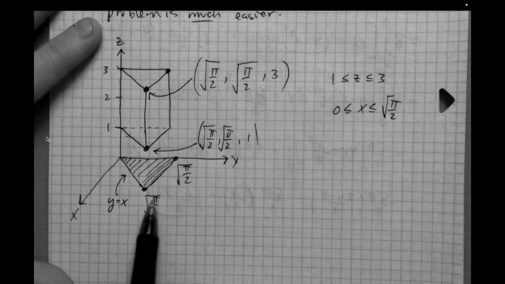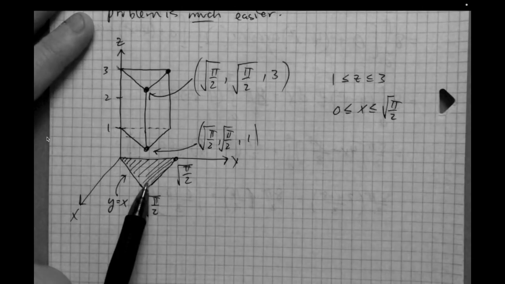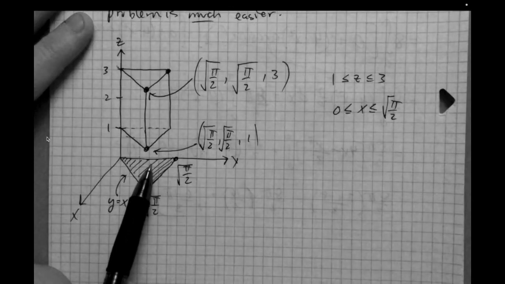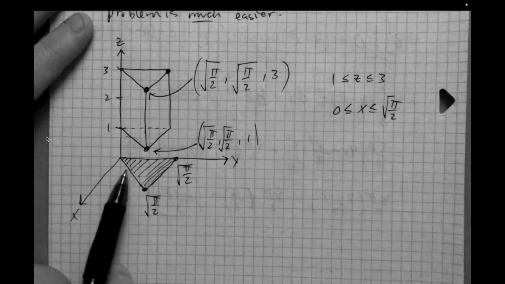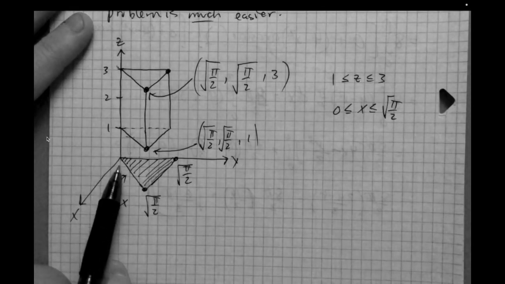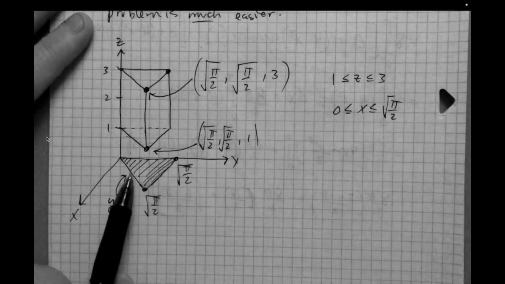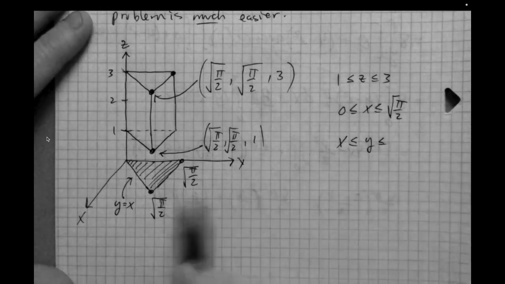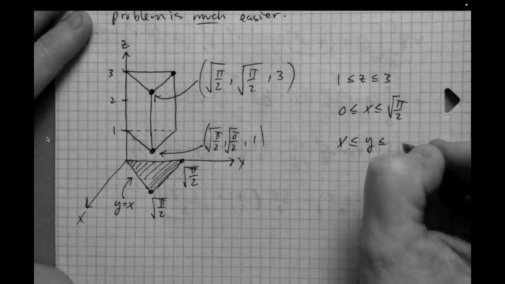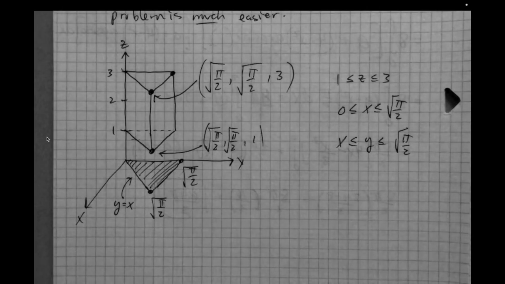And then y is going to go in this direction, from down here to up here, and remember, these are both at the same height on the y-axis. So it's going to go from this function here, x, up to the square root of pi over 2.